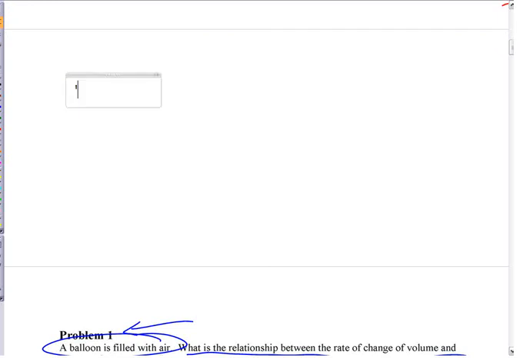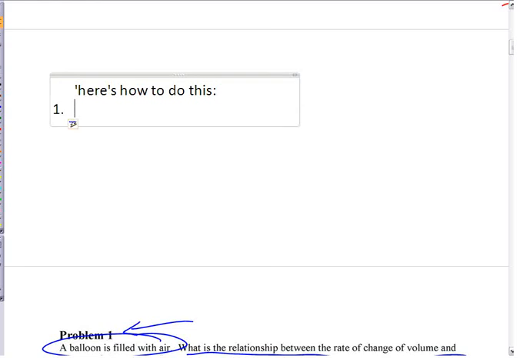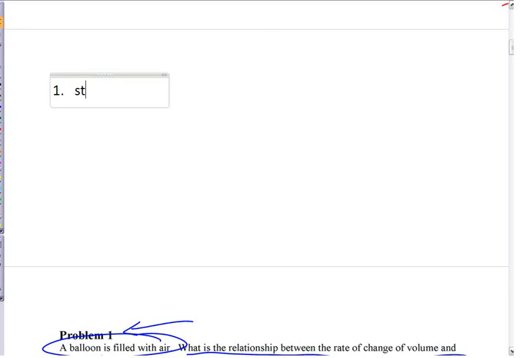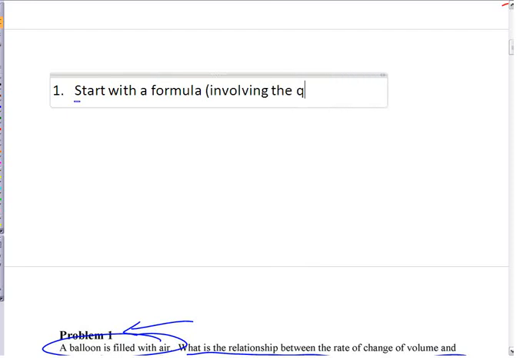I hate the here's how to do it. Just show me how to do this if you like that kind of thing. So let's actually get rid of that. That's goofy. Start with a formula involving the quantities.